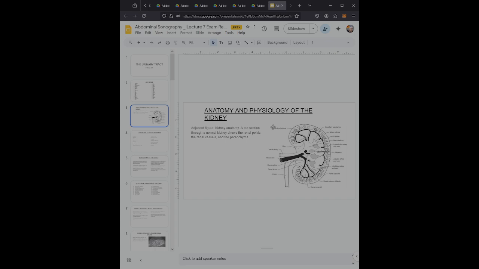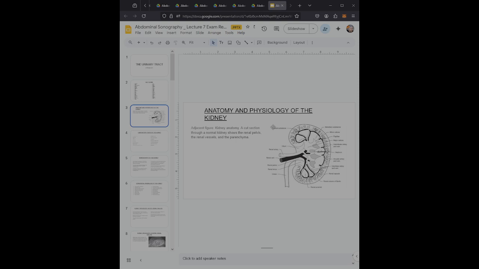And this includes the renal pyramids, the renal cortex, and these filter blood. And the renal sinus contains the renal collecting system, and it is composed of minor calyces, major calyces, the renal pelvis, and the infundibula. The renal pelvis is a funnel-shaped structure that collects urine before it moves on into the ureter.